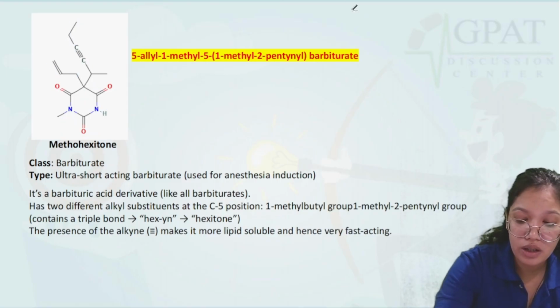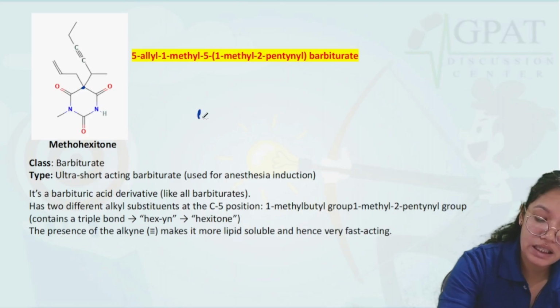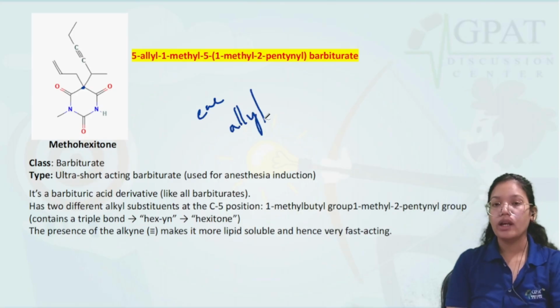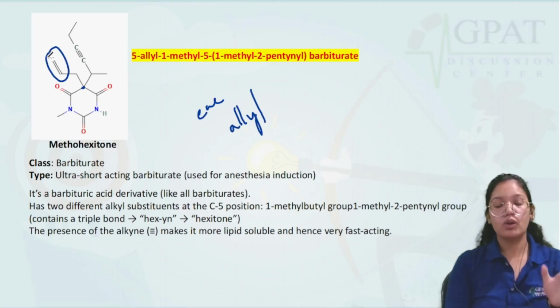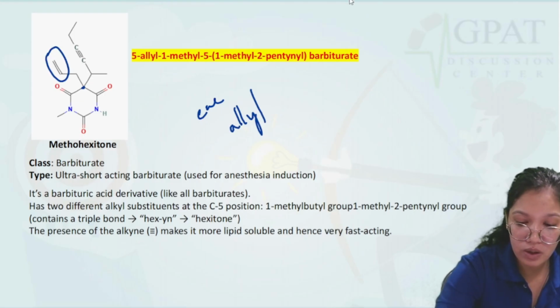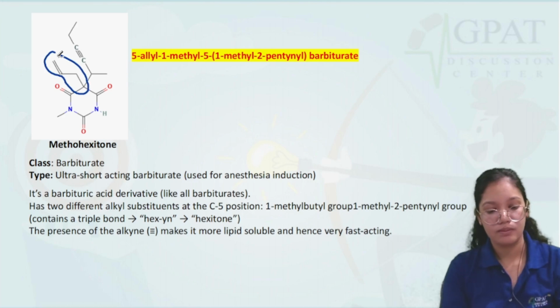Okay. Now the double bond at the fifth position, we call it ene, or we can also call it allyl. Both are fine. This particular group attached to the fifth position, we can call it allyl.